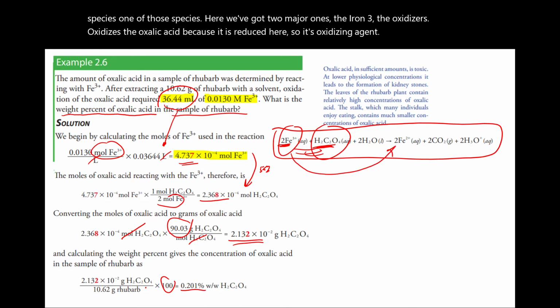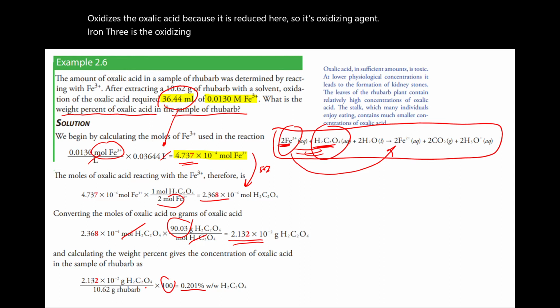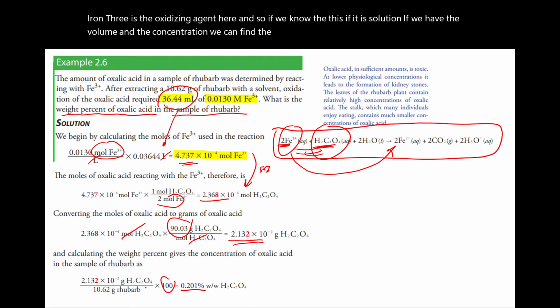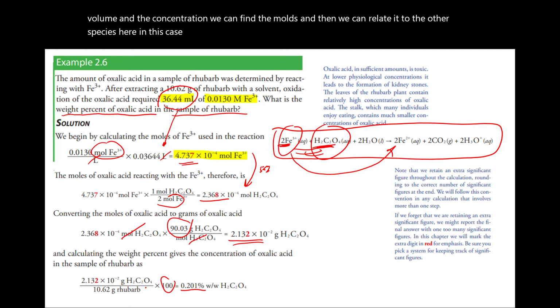Iron 3 is the oxidizing agent here. If it is a solution and we have the volume and the concentration, we can find the moles, and then we can relate it to the other species, in this case the oxalic acid.